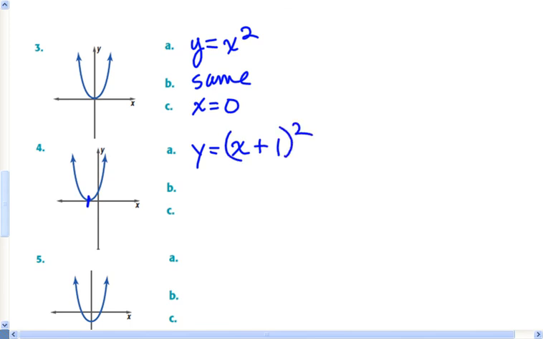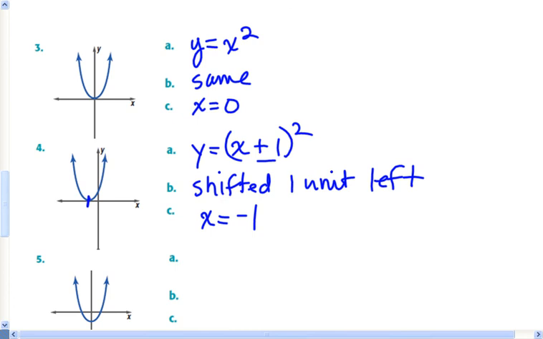And then how's the difference? It shifted 1 unit to the left. So adding 1 in parentheses shifts our graph 1 unit to the left. And the line of symmetry is now x equals -1.